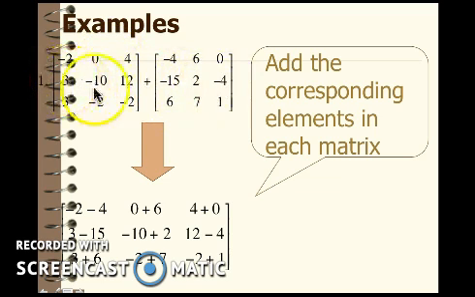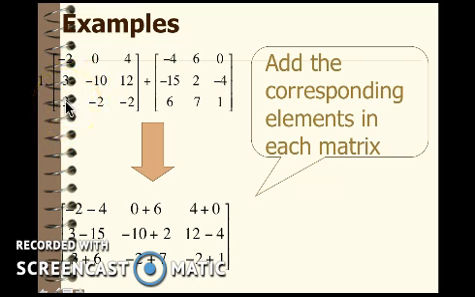We have 3 plus negative 15, which gives us 3 minus 15, negative 10 plus 2, and then we have 12 plus negative 4, which is the same as 12 minus 4.